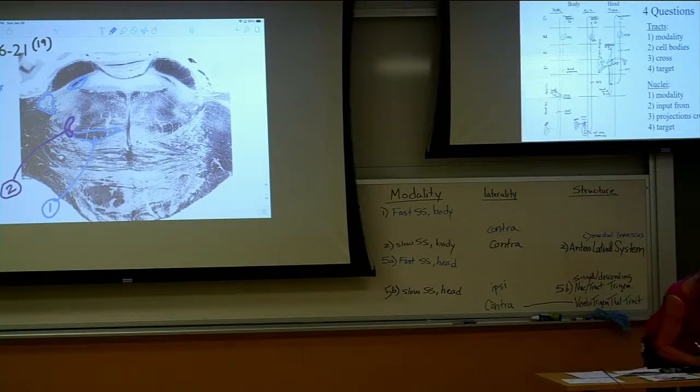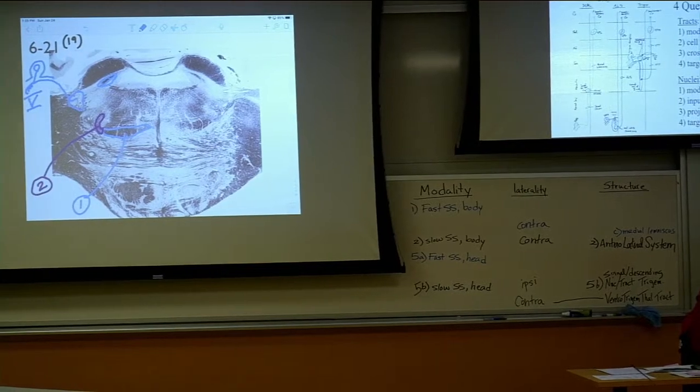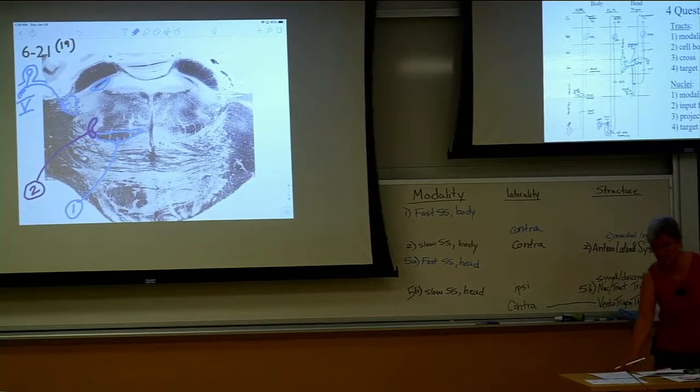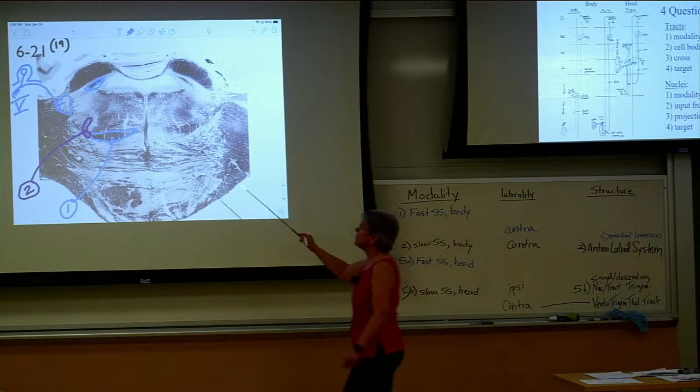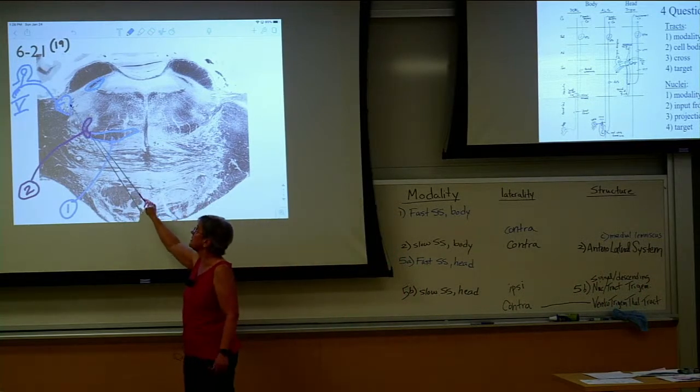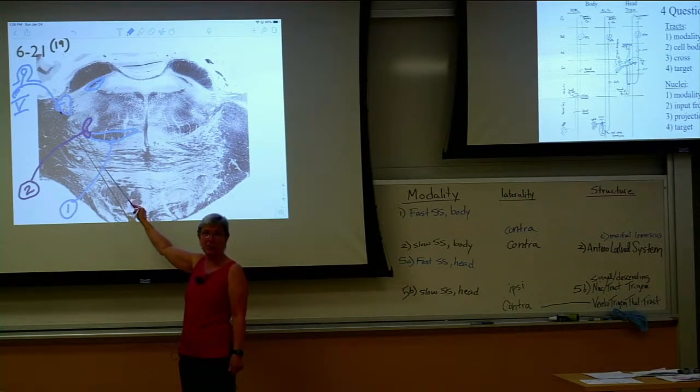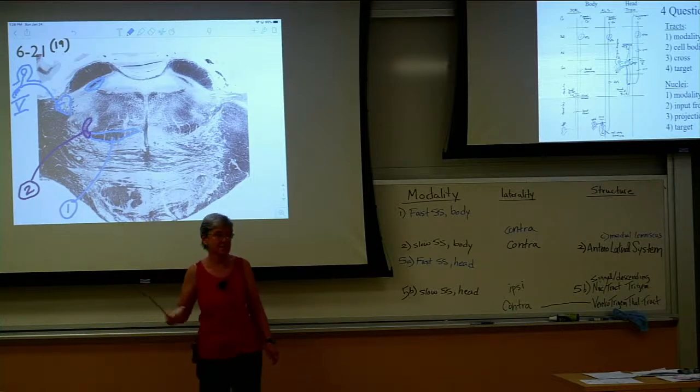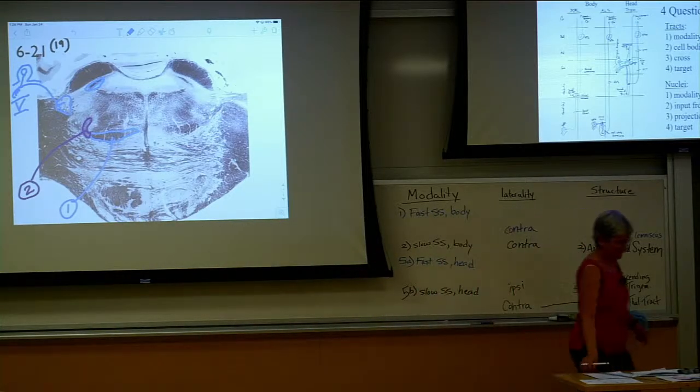We've got our primary afferent out there in the periphery with its cell body in the trigeminal ganglion, and that axon's going to come in and make its first synapse right here in the principal nucleus of the trigeminal system. So this is the pre-thalamic relay nucleus for fast somatosensory information from the head.